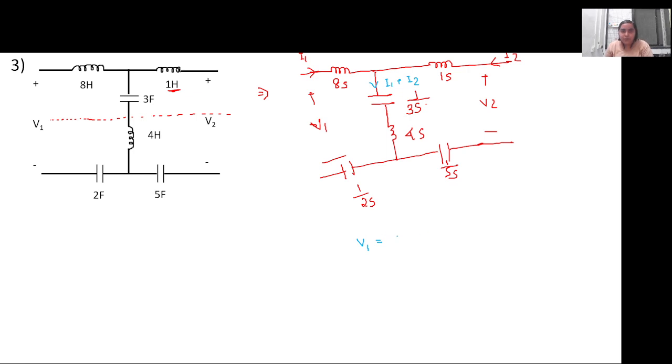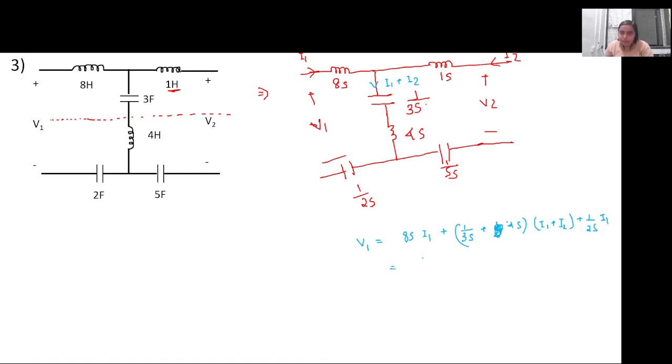So V1 will be equal to 8s I1 plus 1 by 3s plus 4s times I1 plus I2 plus 1 by 2s I1.